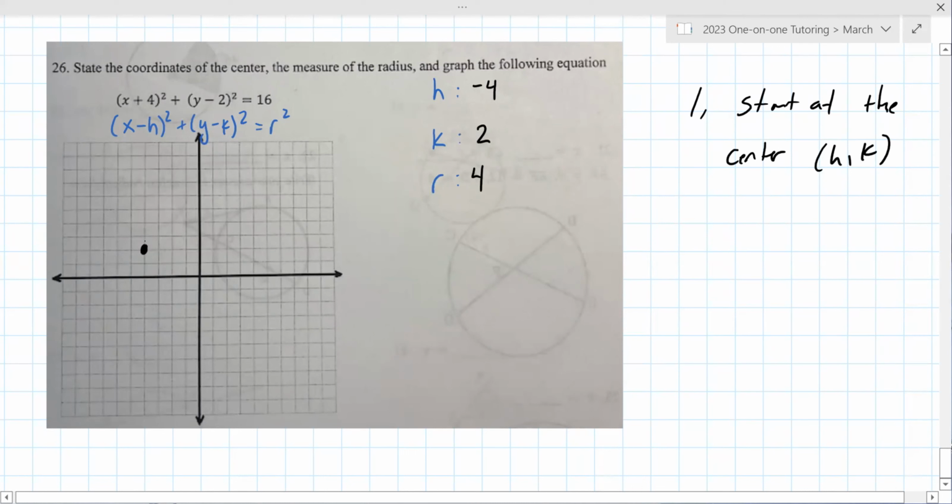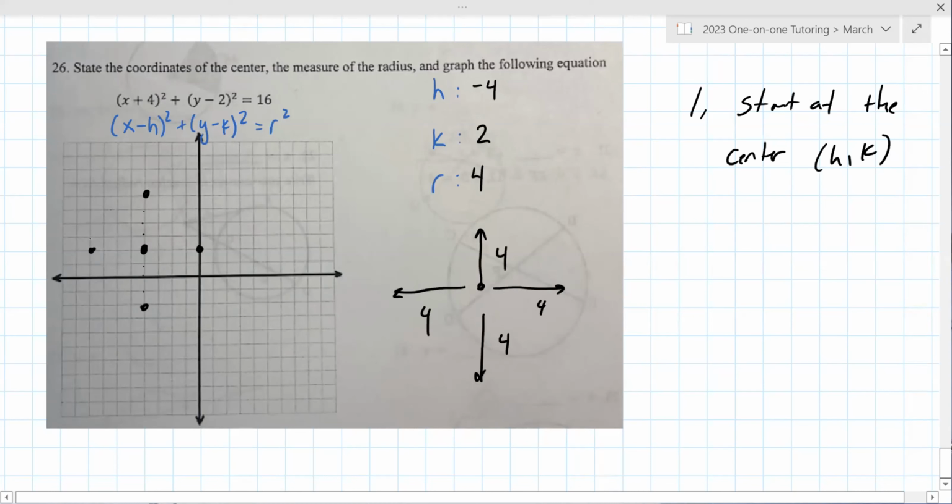And to graph the rest of the circle, use the radius and you go up 4 from the center, down 4 from the center, right 4 from the center, and left 4 from the center. Because you're going to create a circle tracing through those 4 points.